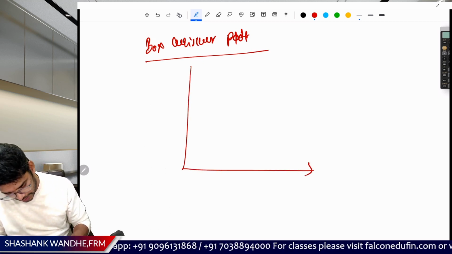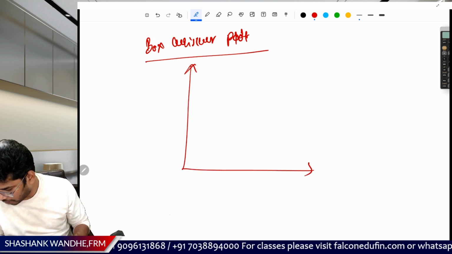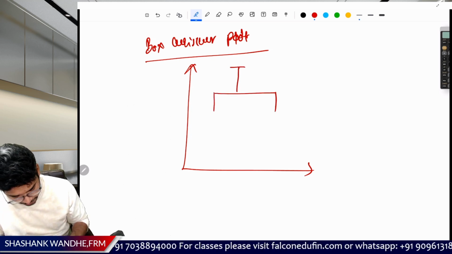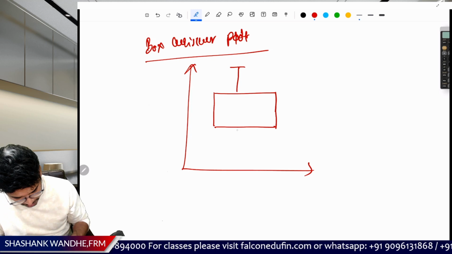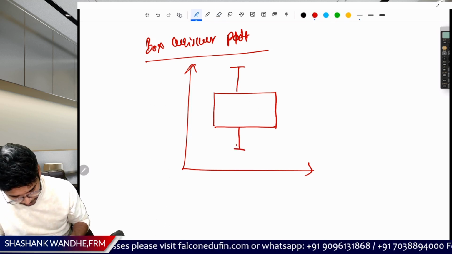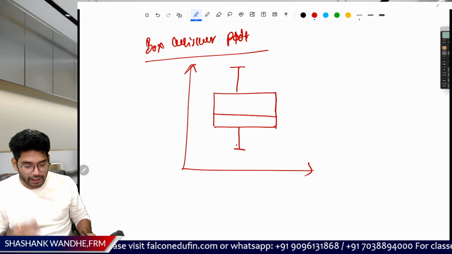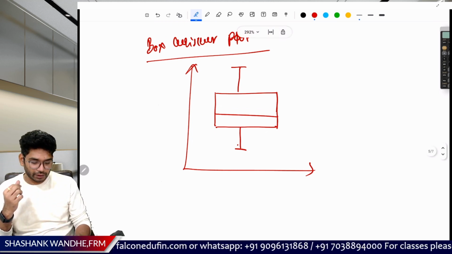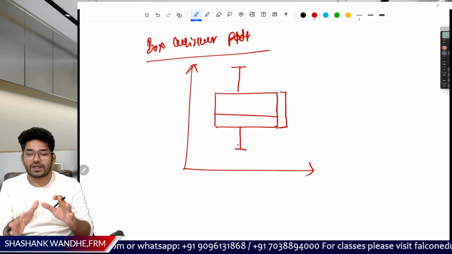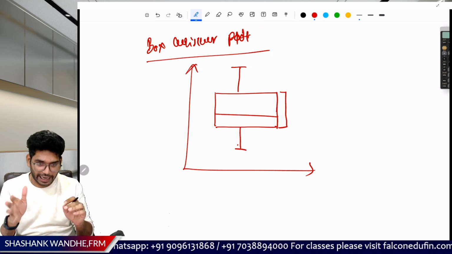Now, say this is your plot, and in the plot we have a box like this. Okay. Now, this is the graphical representation of your quartile.